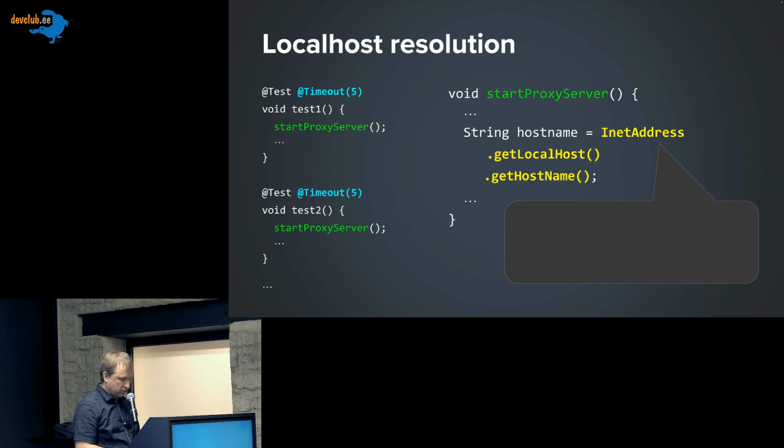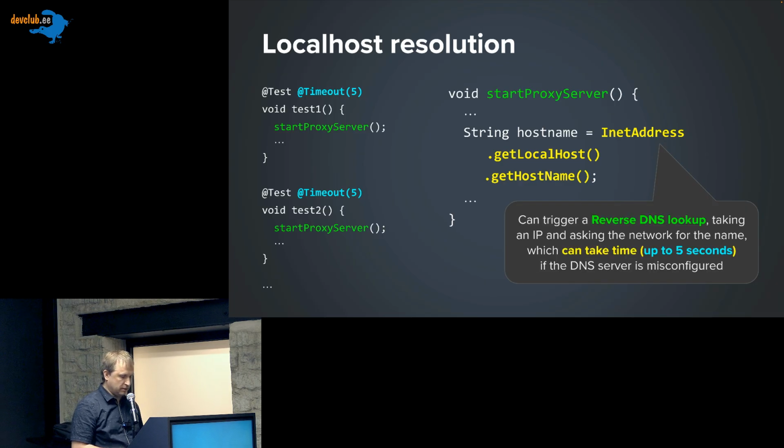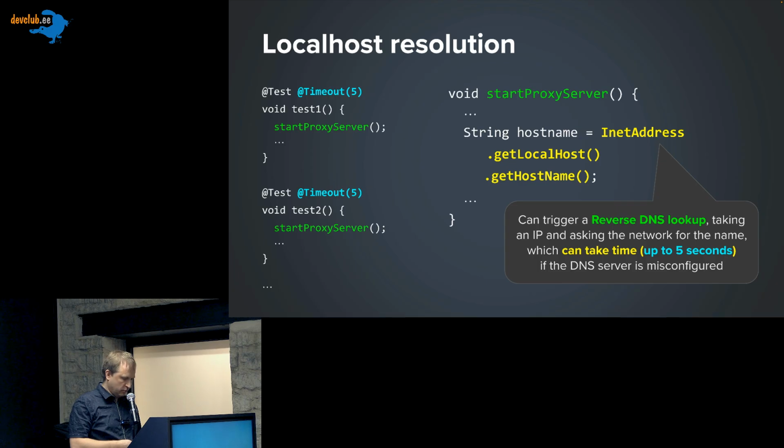Again, this is reported by AI: this method sometimes can trigger a reverse DNS lookup. It takes the IP of this computer, sends it to the network, and asks the DNS provider or whatever to resolve the host name. The DNS provider says, sorry, I don't know this IP, this is some unknown IP, and this takes some time.